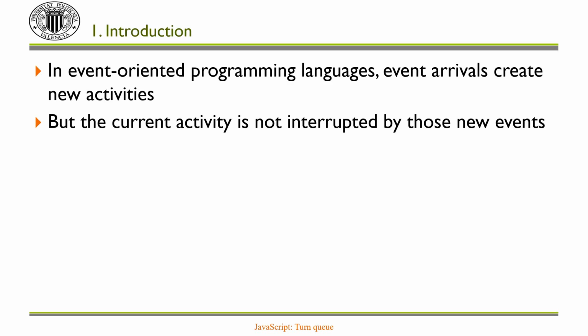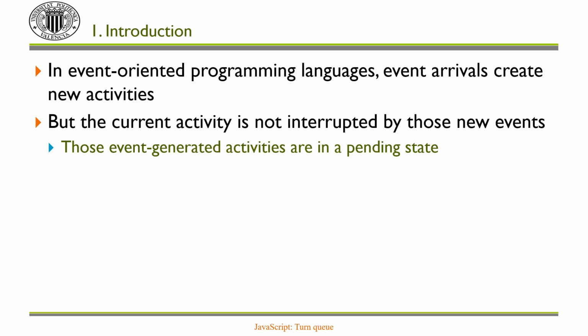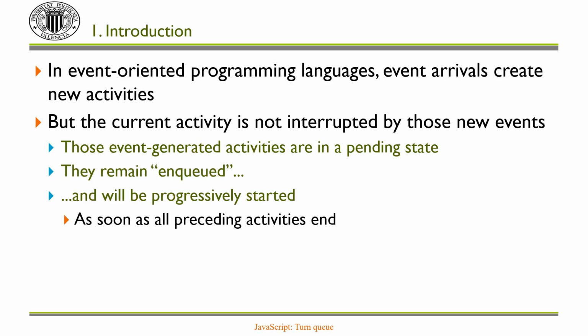As a result of this, these new events should be kept somewhere. So, those event-generated activities remain in a pending state in a logical data structure that behaves as a queue. They remain enqueued and will be progressively started when?